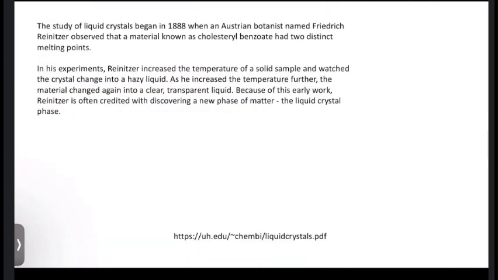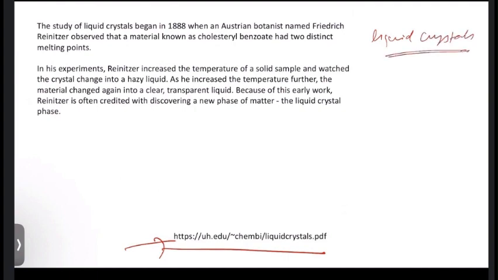Next part, this is just for your information, you can refer to this site. This was just for your information on how liquid crystals were invented, how the concept of liquid crystals came. So I will read it out to you.